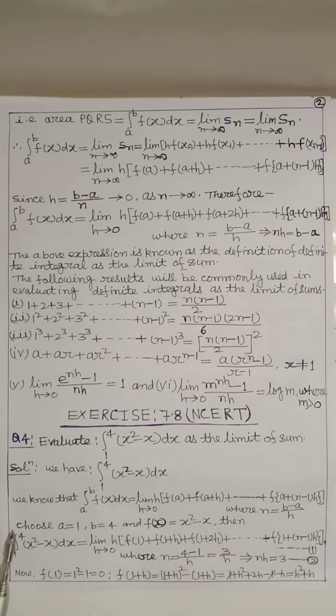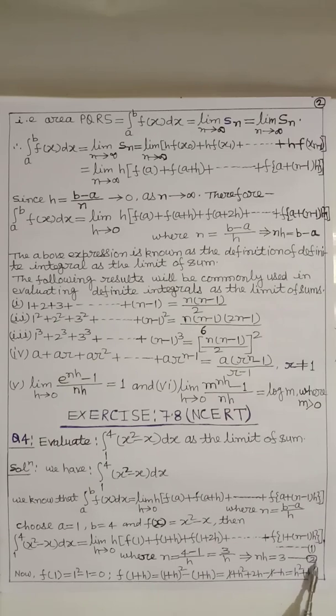Then integration of 1 to 4 x square minus x dx equals limit h tends to 0 of h into [f(1) plus f(1 plus h) plus f(1 plus 2h) plus and so on plus f(1 plus n minus 1 h)]. This is taken as 1. And n is equal to b minus a by h. We get 3 by h, and therefore nh is equal to 3. This is taken as 2.